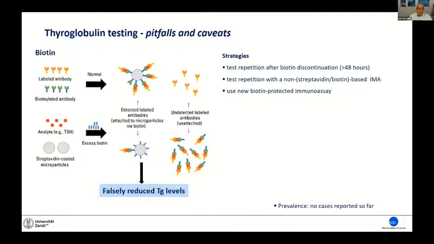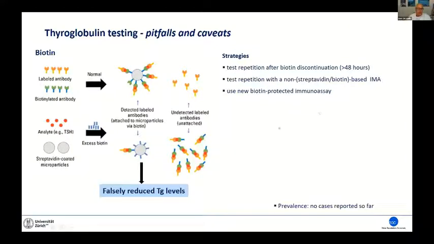More recently, the biotin interferences appeared on the stage, especially after the use of biotin in very high concentration in some neurological disease and the very large use of biotin in supraphysiological concentration as a hair and nail support and so on.